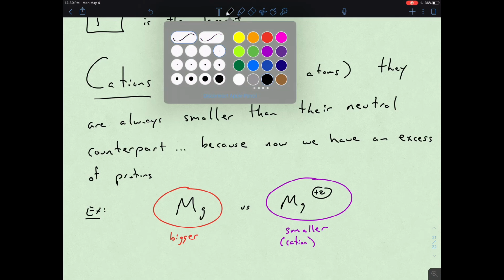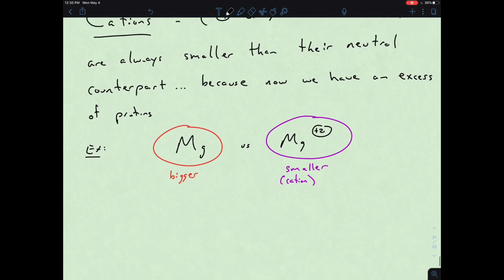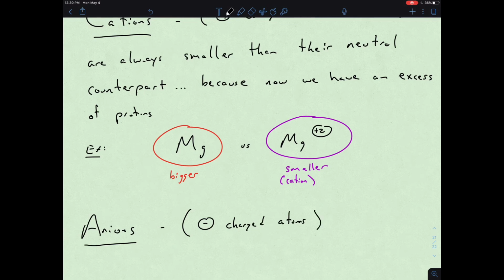So that's cations. Anions are just the exact opposite. Right, these are negatively charged atoms, and they are always larger than their neutral counterpart.